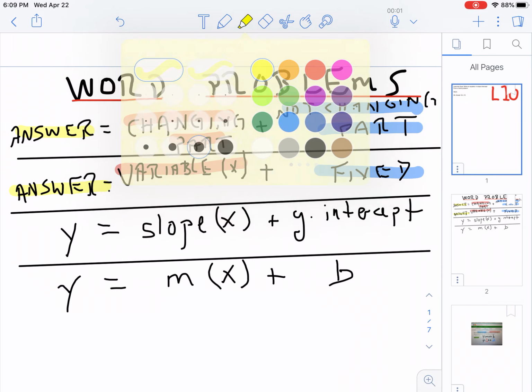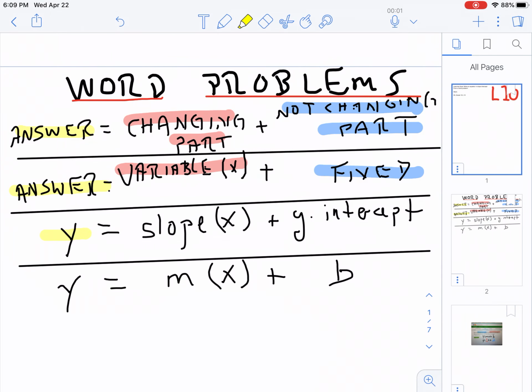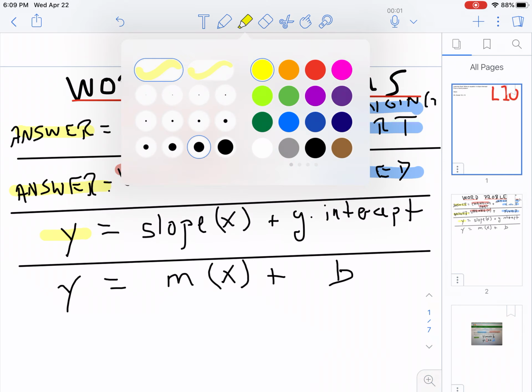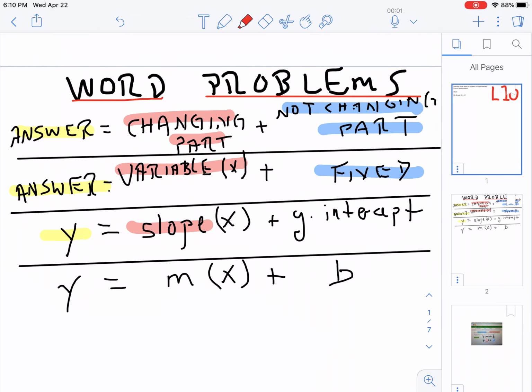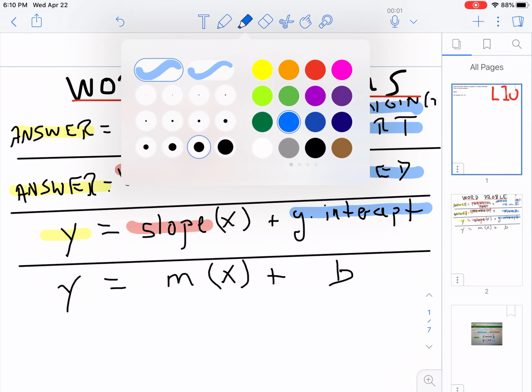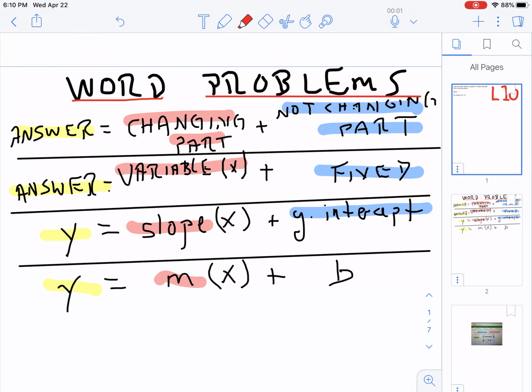A different way to think of it is more like an equation form where y equals the slope plus the y-intercept. So you can see the pattern here. The changing part and variable and slope are all the same, and the not changing part and the fixed part and the y-intercept are all the same. But if we were to show this just in letters, just using mathematical terminology, we'd say y equals mx plus b.